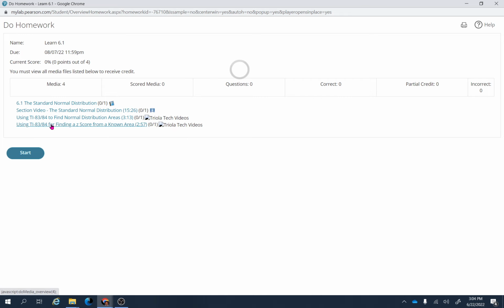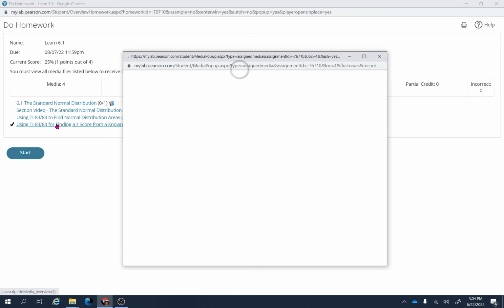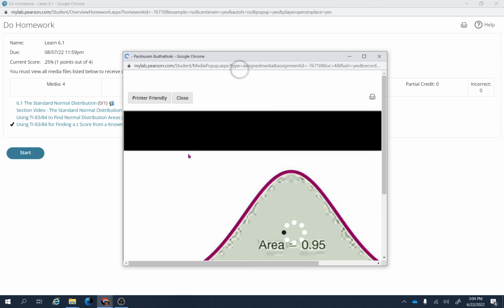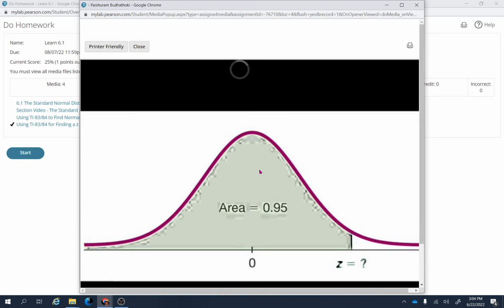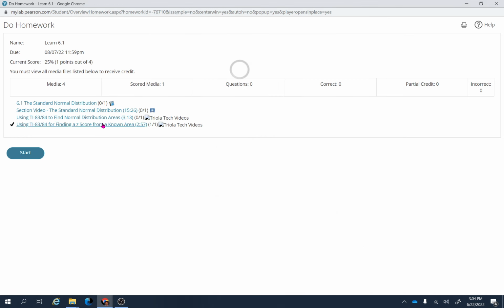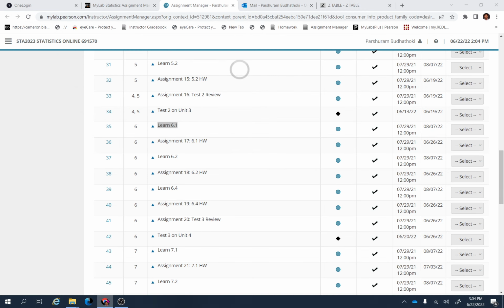So if you click this link here, it will explain how to use the TI-83/84 calculator to solve the problem given there. So whenever you have a technology related problem, I always assign a video assignment here in the learn section. So you have to check the learn section.